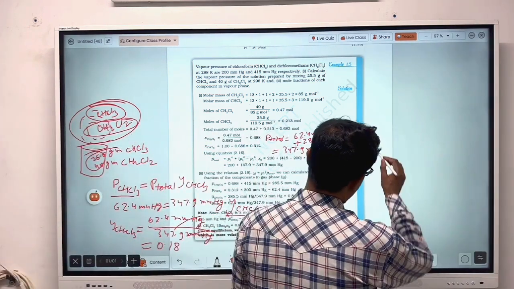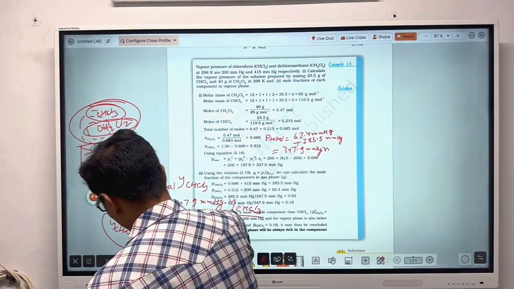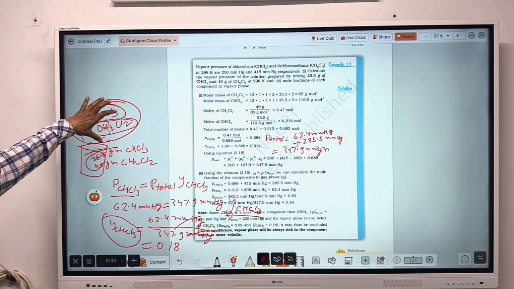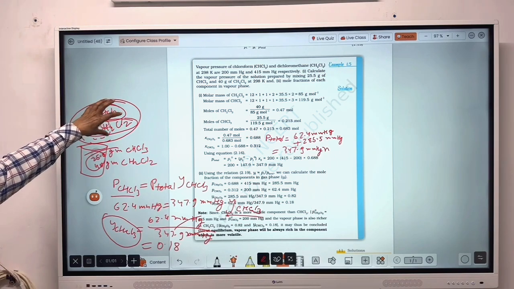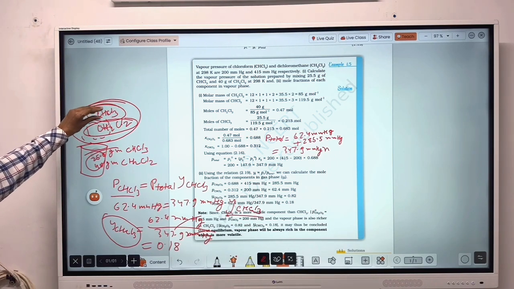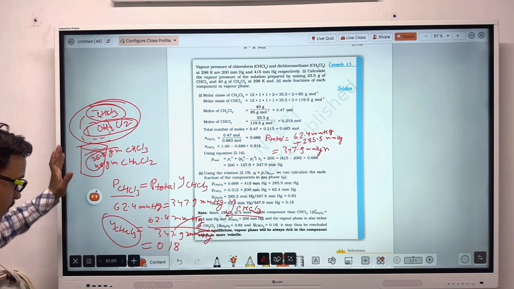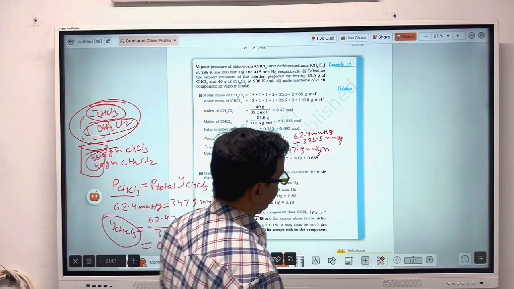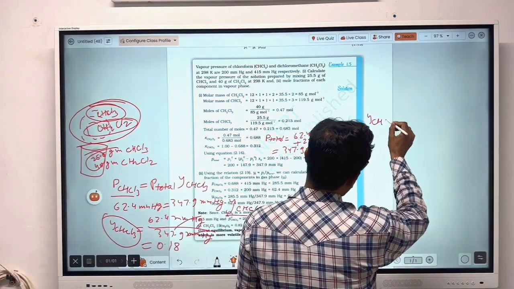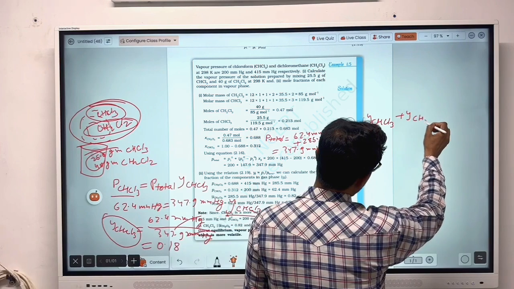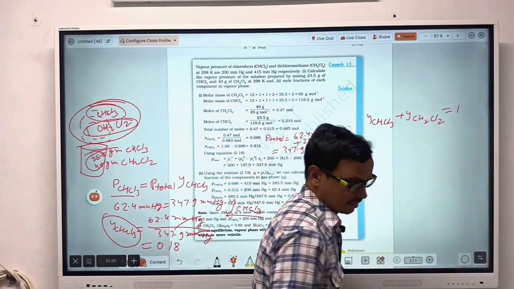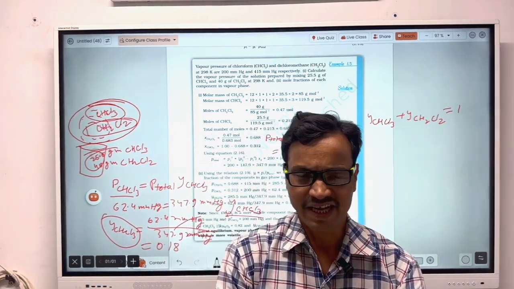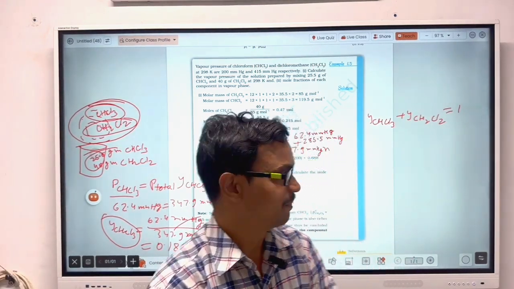In the same way, as we have calculated the mole fraction of chloroform in vapor phase, and in the vapor phase there will be only two components, chloroform and dichloromethane, and we know the summation of the mole fraction of chloroform and that of dichloromethane will be 1.